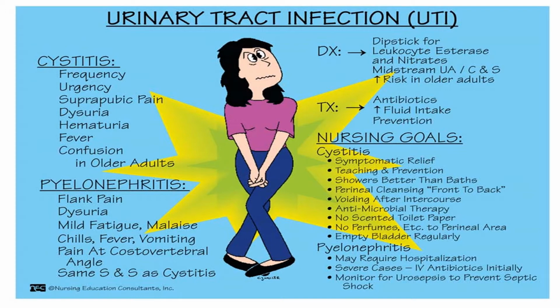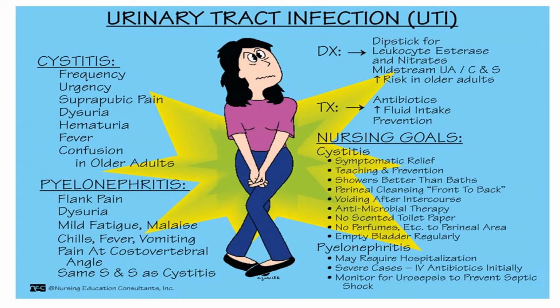They may not have that dysuria, that frequency, urgency feeling, but they may present with confusion. So, very important to assess the urine of older adults who are presenting with confusion. That is a difference from what they had been doing. Also, odor of the urine can be a distinct sign of an infection.